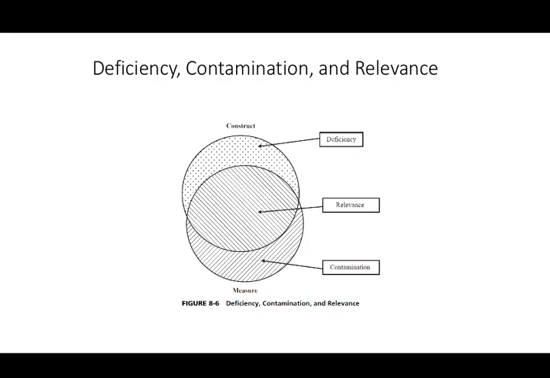We may have a measure that doesn't capture everything that we want, but we definitely want to guard against contamination. We don't want contamination. That's a bigger problem for us. Deficiency can have its issues, but at least the things that are in the measure are relevant. But what we don't want are things that are contaminating the measure in that context.